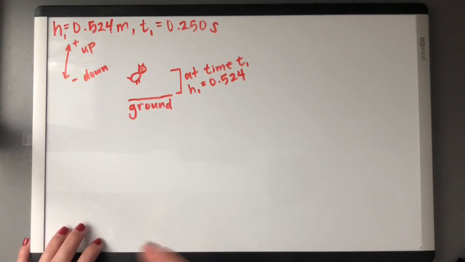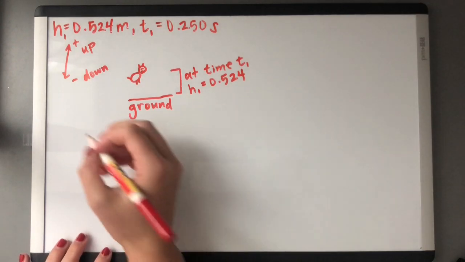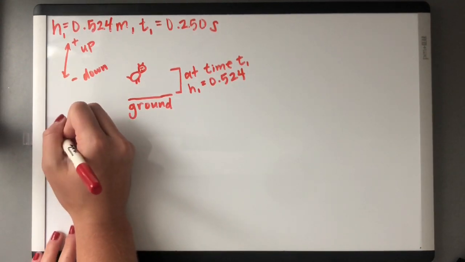So when we're solving for initial speed, we need to find a formula that has initial speed in it, and we also have the information for height, so delta x, and time. So the formula that I chose to use was one of the first formulas for constant acceleration.